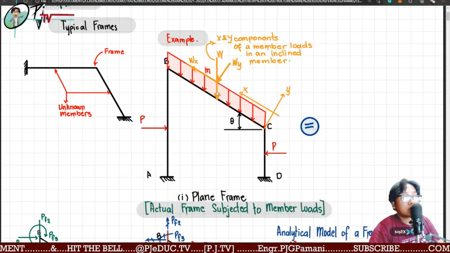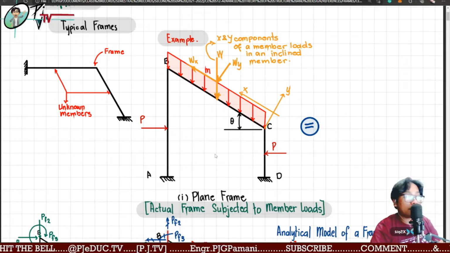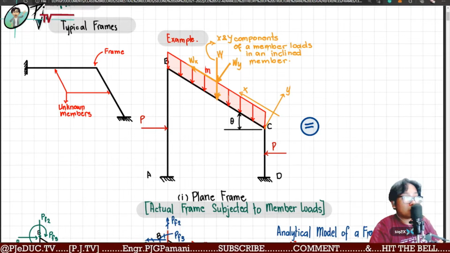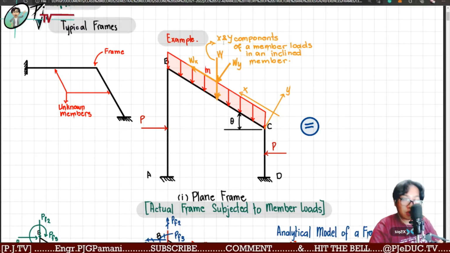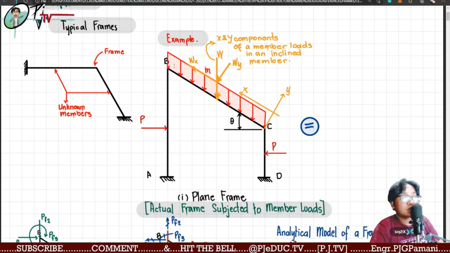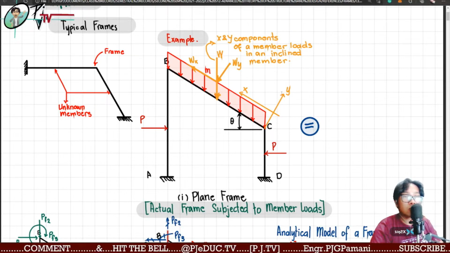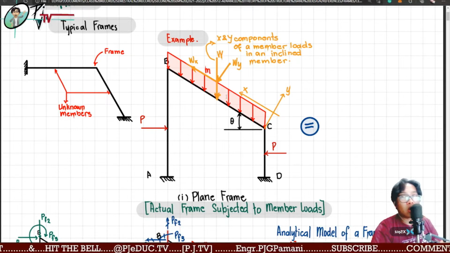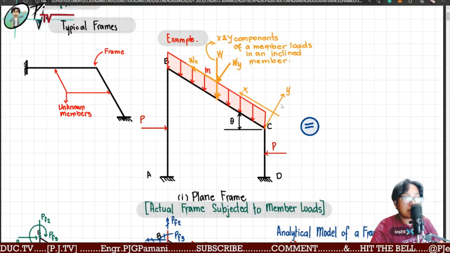So after we have a frame subjected to member loads, always convert and identify the x and y component of such applied load in accordance to the set coordinate axis plane. Do not forget to assess your coordinate axis plane.